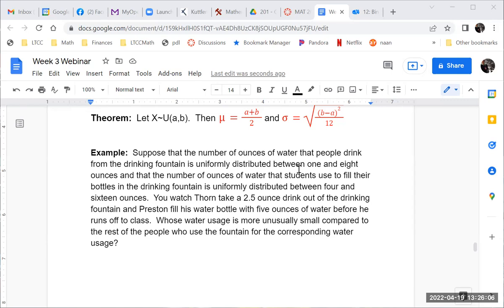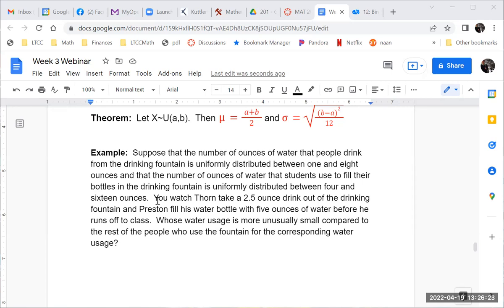Notice that 1 and 8 is for just drinking out of the drinking fountain, and then it's 4 and 16 if you take a bottle and fill it. Those of you who've been to our college, a lot of our drinking fountains have both, but you've probably all seen it.